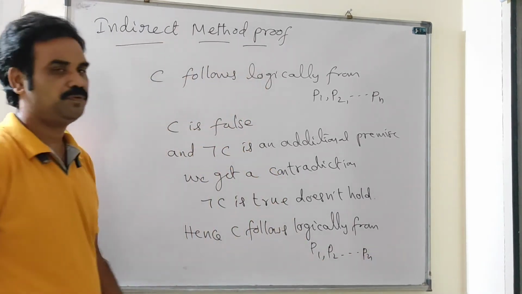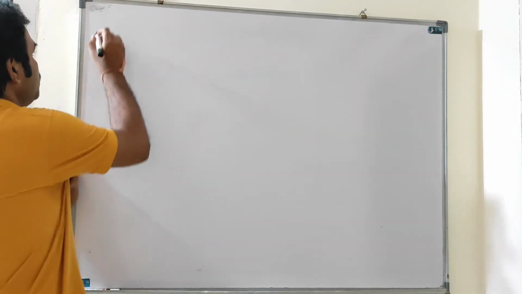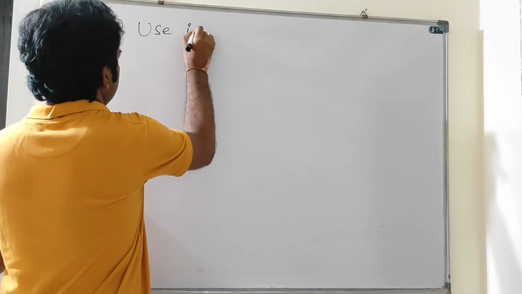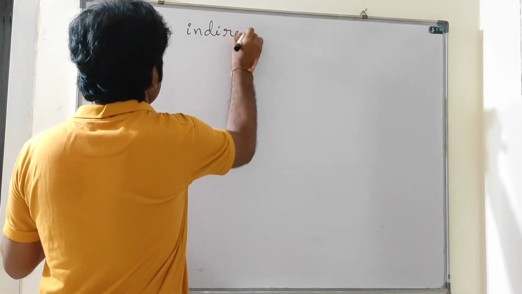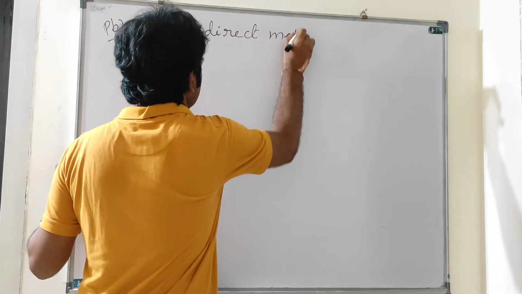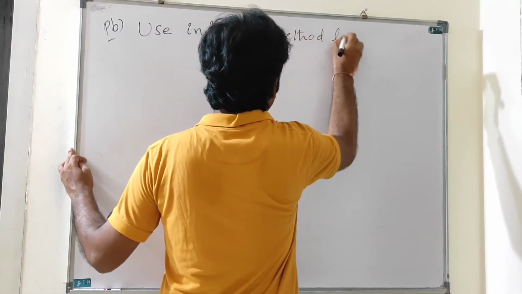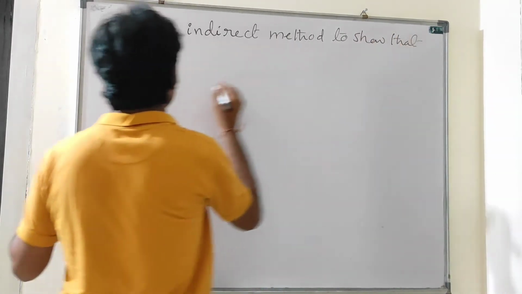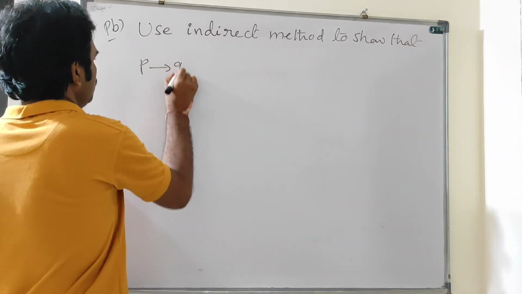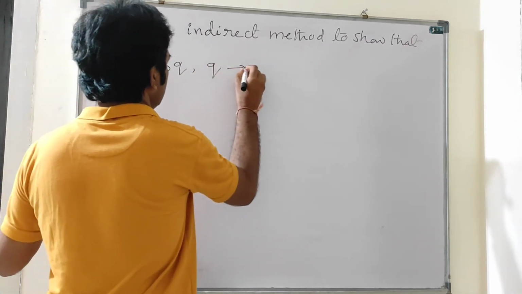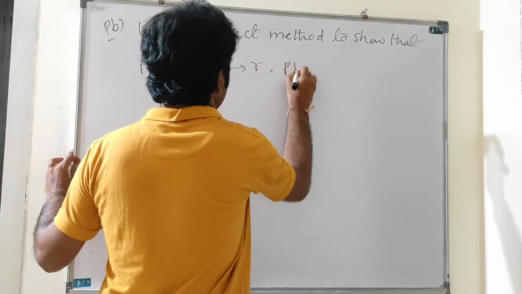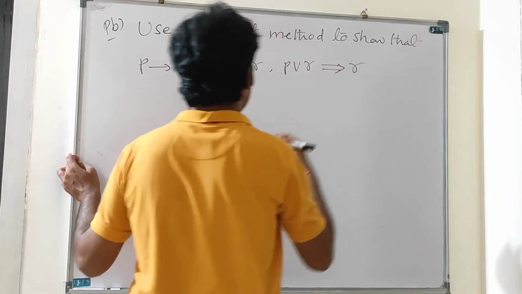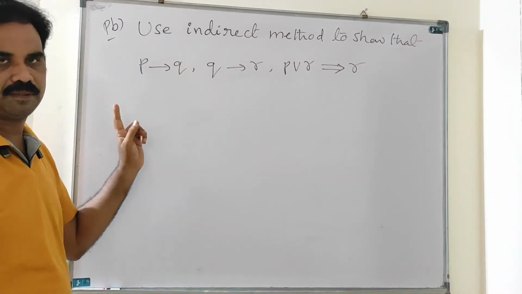Understand the indirect method of proof? Next problem. Use the indirect method to show that P implies Q, Q implies R, P or R imply R. You have to use the indirect method to prove this.